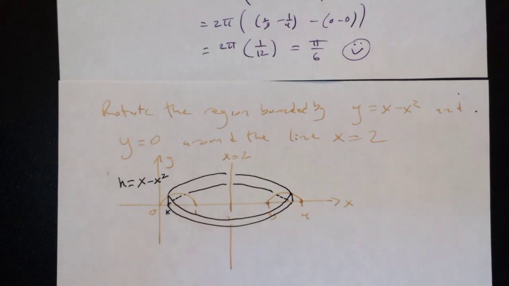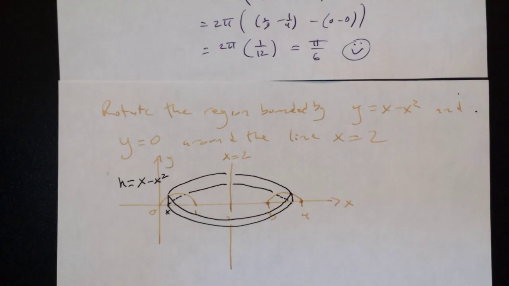I'm sorry, say again? Right, but the bottom of that is the x-axis, so x minus x squared minus 0 would be correct, but subtracting 0 doesn't change squat. Radius.